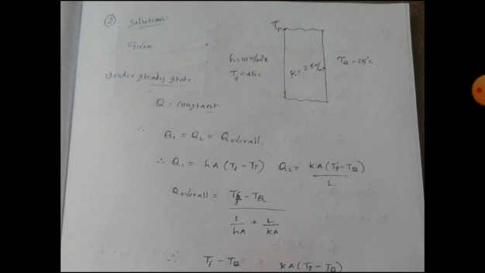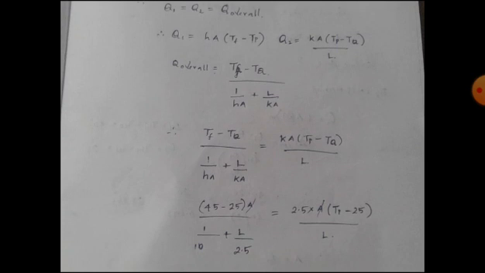So by relating this we have to find TP, which is the temperature at the first end of the slab, at this surface. Q1 means through convection, hence the convection heat transfer formula is heat transfer coefficient into surface area into temperature difference. This is conduction, you already know that.